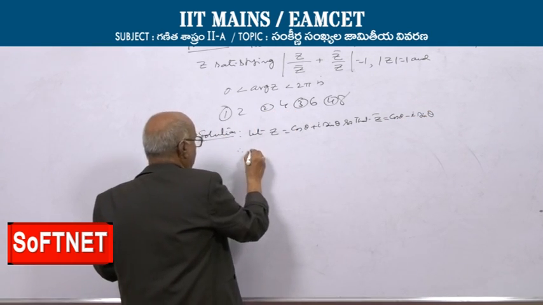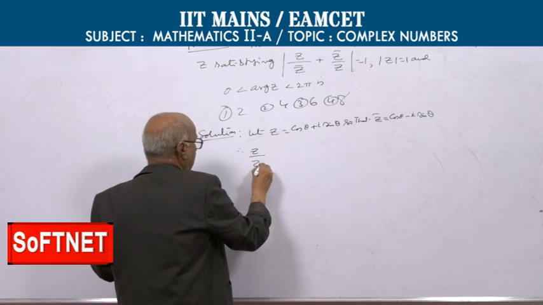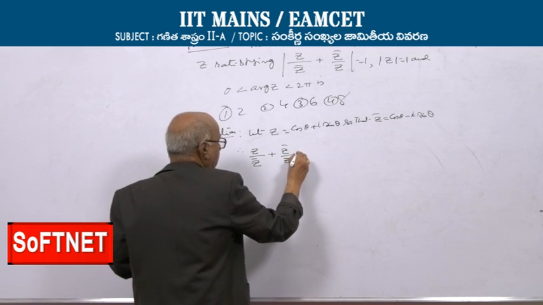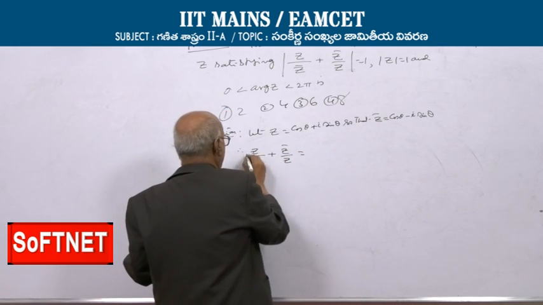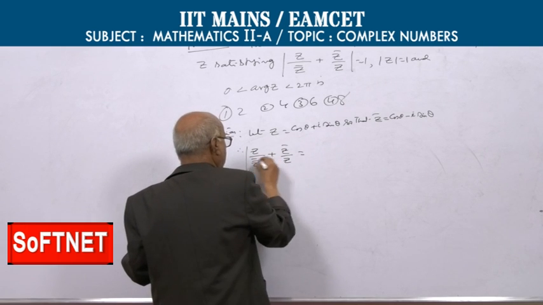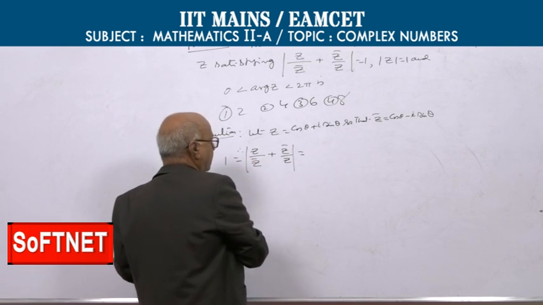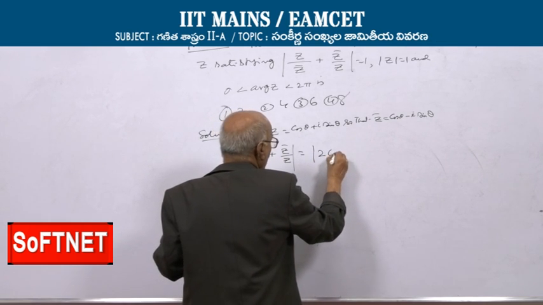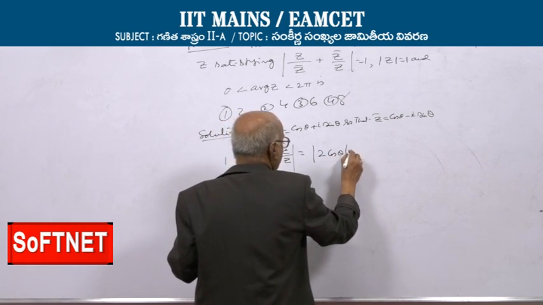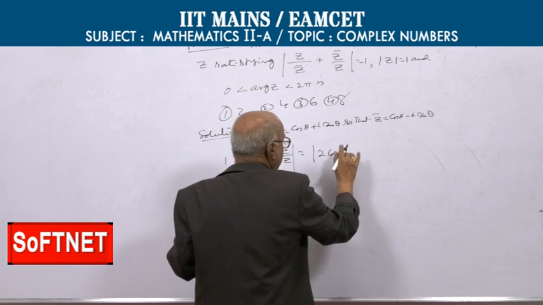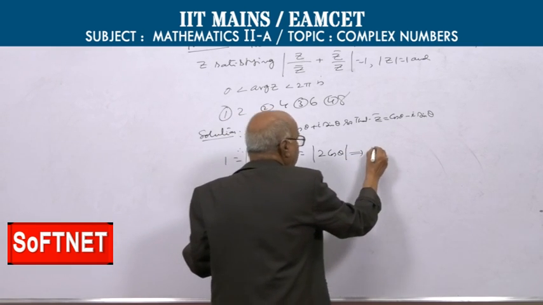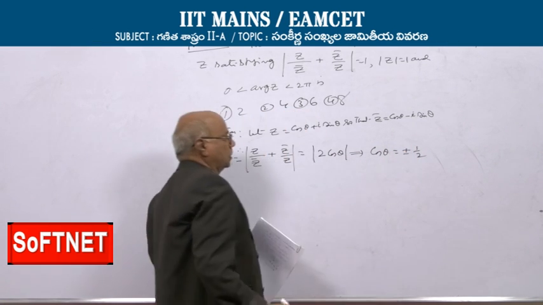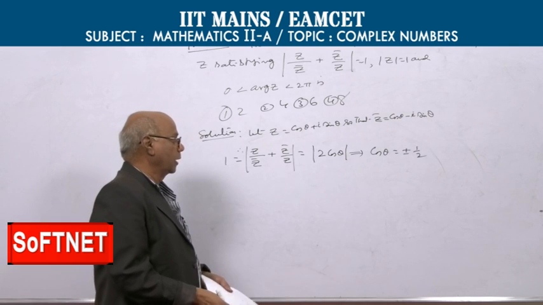So therefore Z by Z bar plus Z bar by Z, I will write modulus of this 1 is equal to modulus of 2 cos theta, and that implies cos theta is equal to plus or minus 1 by 2.